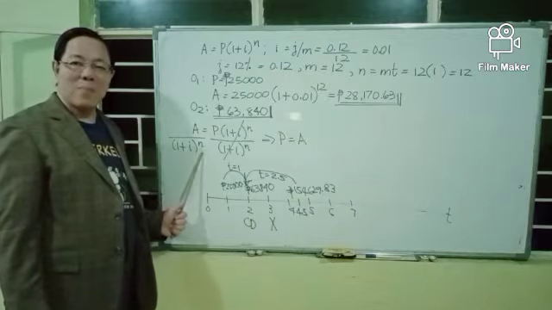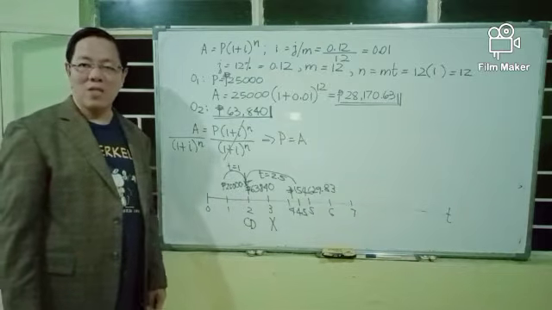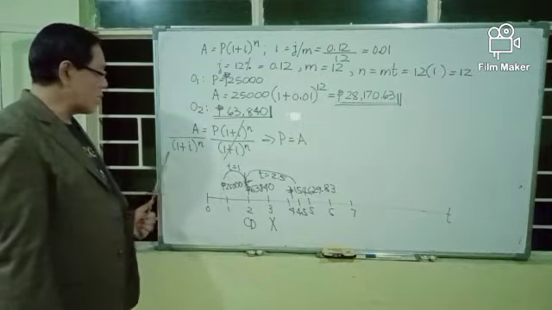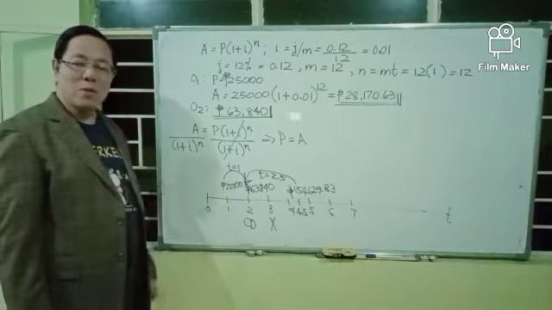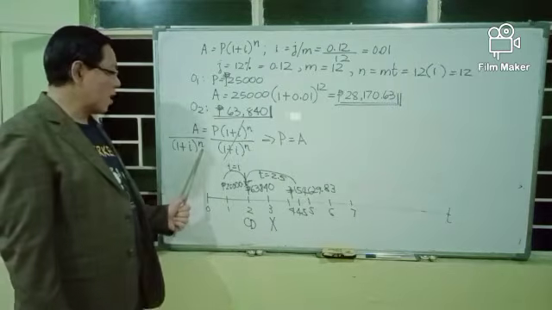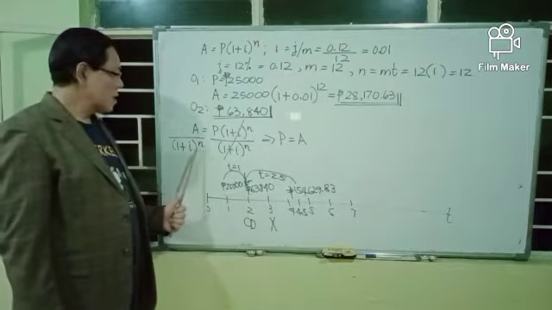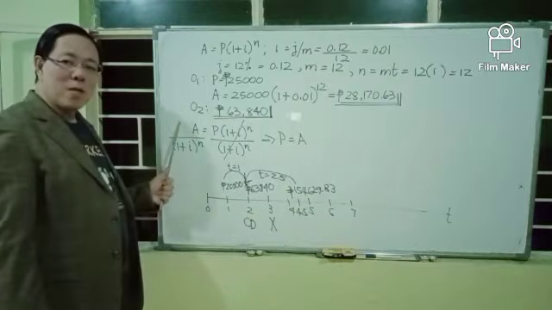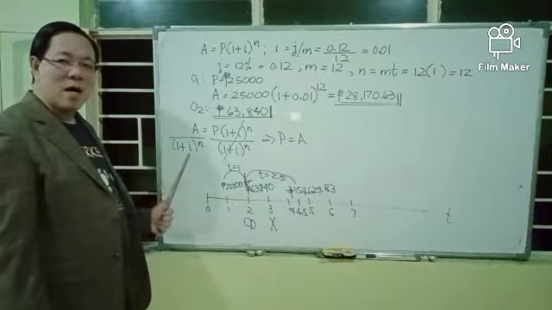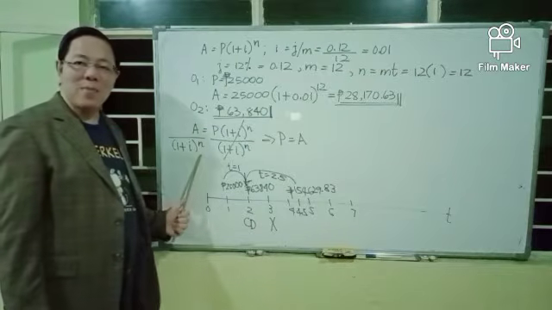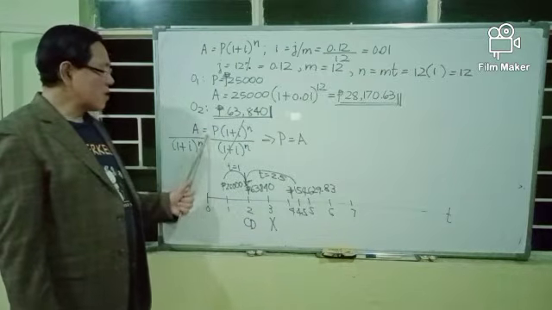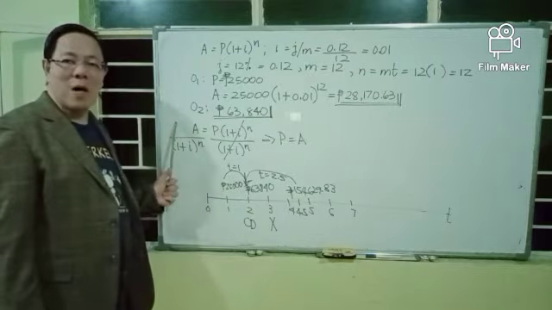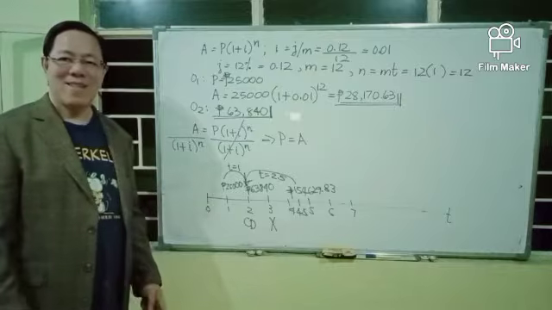But using a property of exponent from your algebra course, we can take this to the numerator, and when you do that, you take the opposite sign of the exponent n. So if you bring (1 plus i) to the power n to the numerator, you will get 1 plus i raised to negative n. Therefore, P is equal to A times quantity 1 plus i to the power negative n.